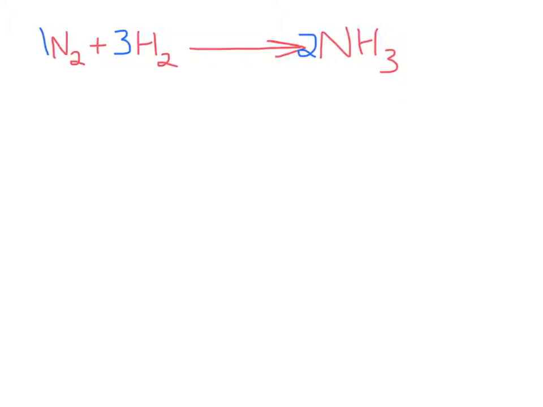stoichiometry. And we're trying to calculate the number of moles of ammonia. So under ammonia I'm going to put question mark moles. And we're starting with 1.30 moles of hydrogen. So under hydrogen I'm going to write 1.30 moles. Now let's go ahead and start with the only number that we were given in the problem, which is 1.30 moles of hydrogen.